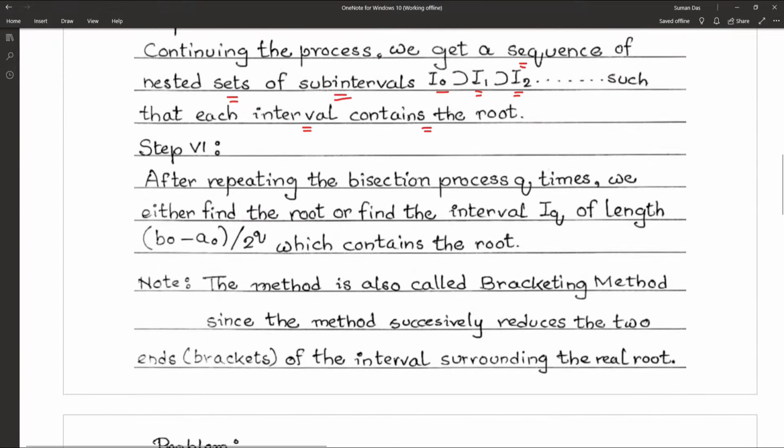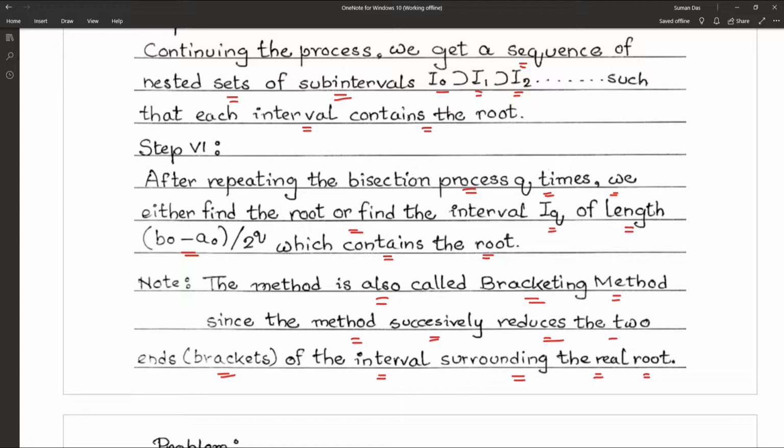Step 6: after repeating the bisection process q times, we either find the root or find the interval Iq of length (b0 minus a0) upon 2 to the power q, which contains the root. The method is also called the bracketing method, since it successively reduces the two ends, or brackets, of the interval surrounding the real root.